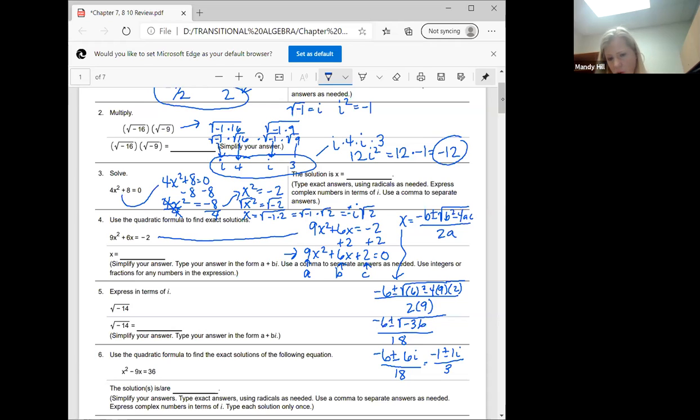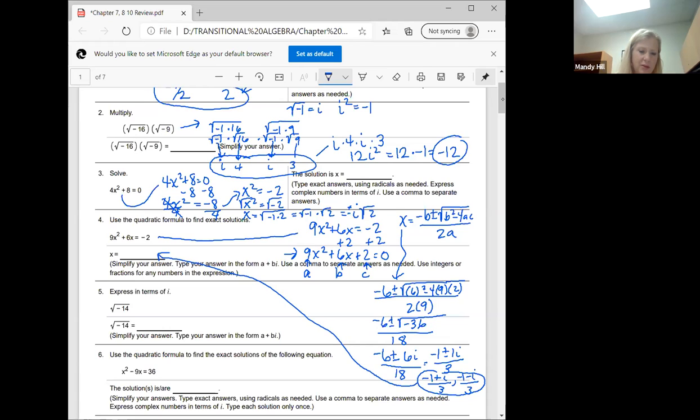Now, we don't really need the 1 in front of the i, but these would be our two answers, -1 plus i divided by 3, and -1 minus i divided by 3. So this is what goes way up here. That one kind of took a while because of the way it wanted us to solve that.